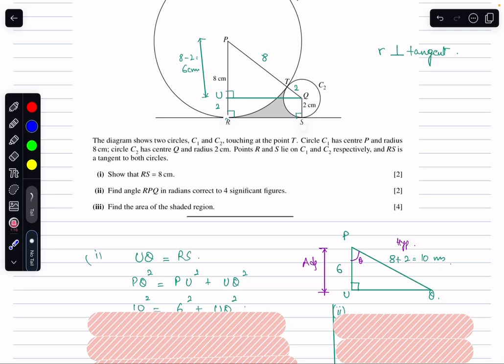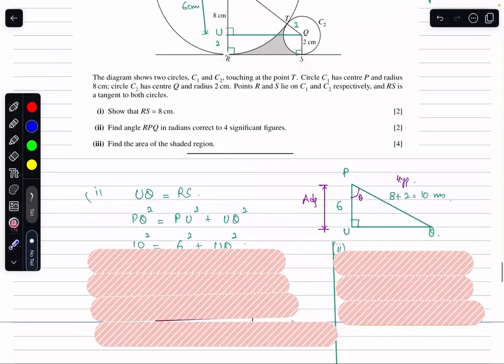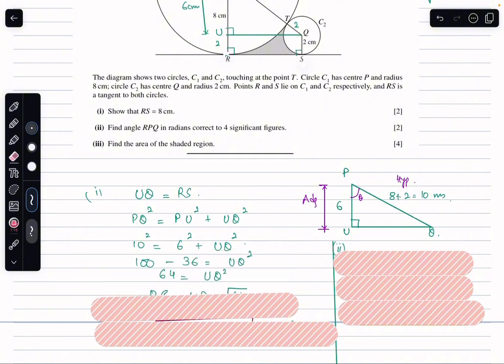To find the base, I should apply the Pythagoras theorem: 10 squared equals perpendicular squared, that is 6 squared, plus UQ squared, that is base squared.